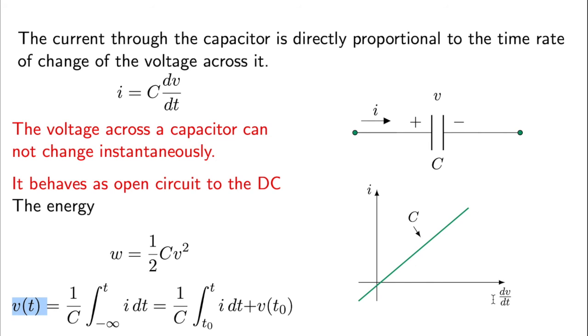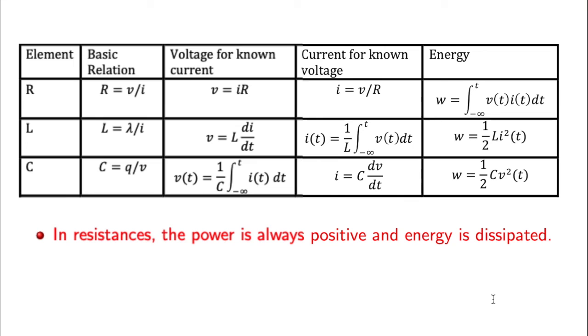Now we have discussed the passive elements: resistance, inductance, and capacitance. This is a summary of all the relations which have been used previously.